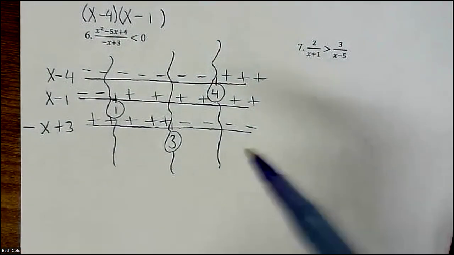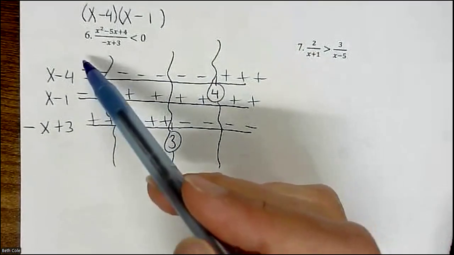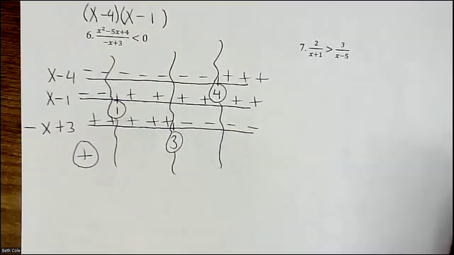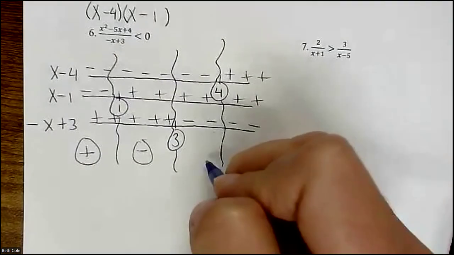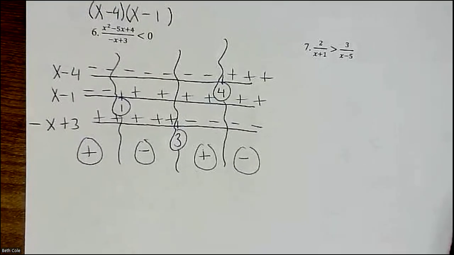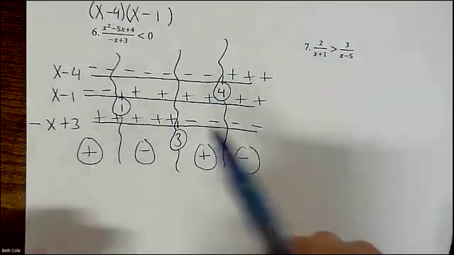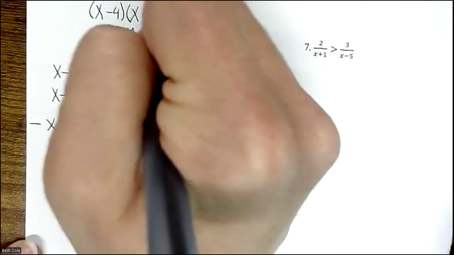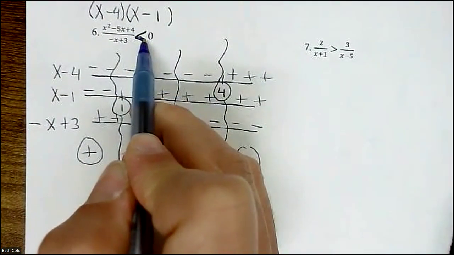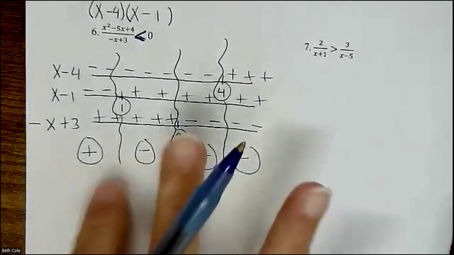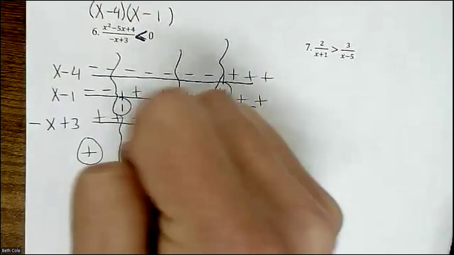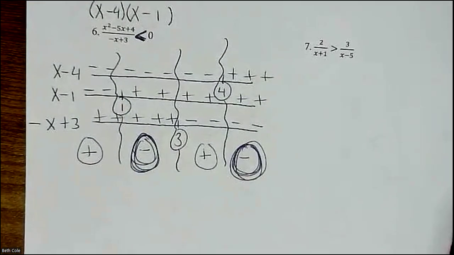And then we're going to figure out the overall sign for the whole thing. So for the first section, negative, negative, positive. It's positive. And then this one is going to alternate. And then what sections do you want? It comes back to this symbol. What does this mean? Less than. So which sections do we want? Less than means negatives. Now we don't actually need to worry about bracket parenthesis issues. Why not?